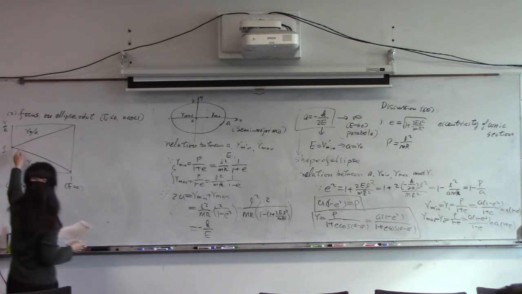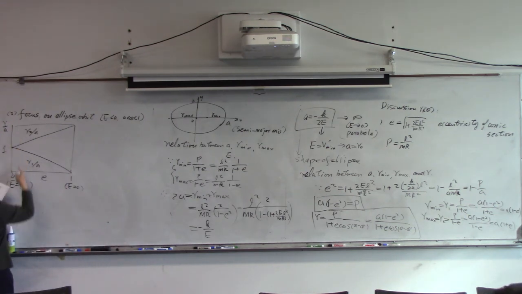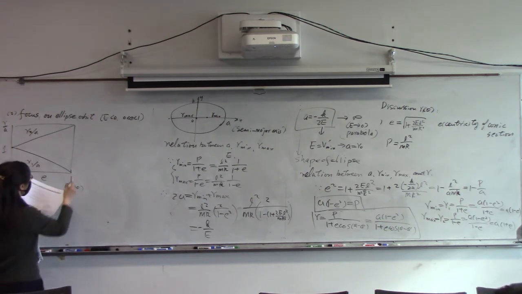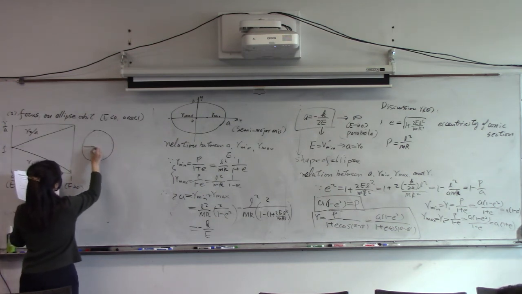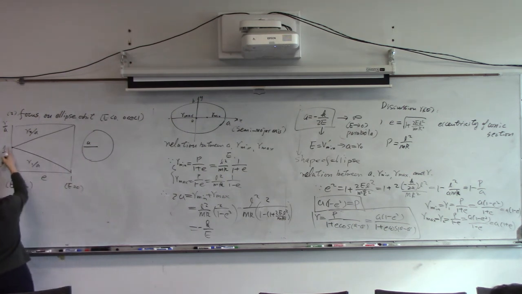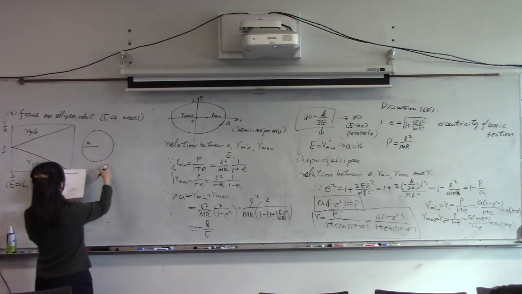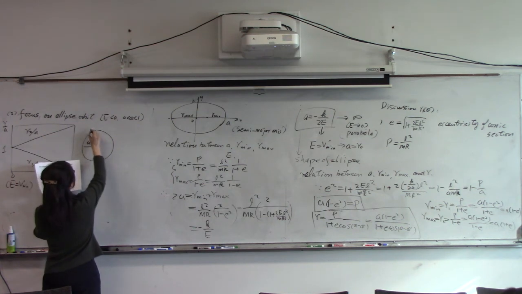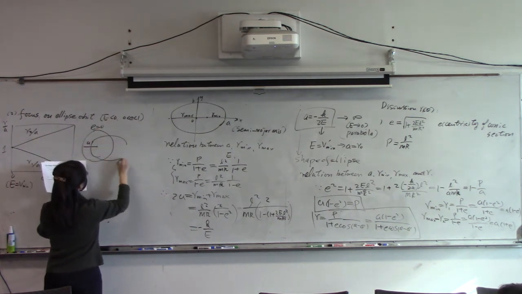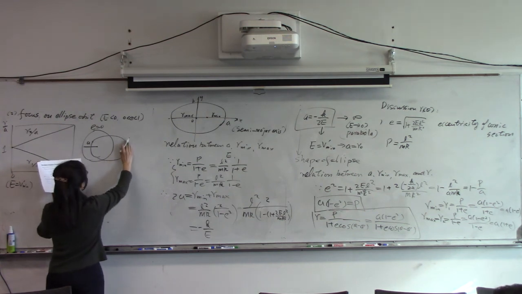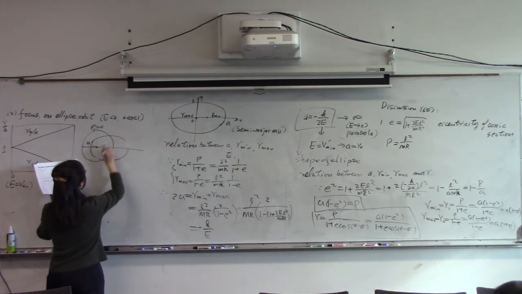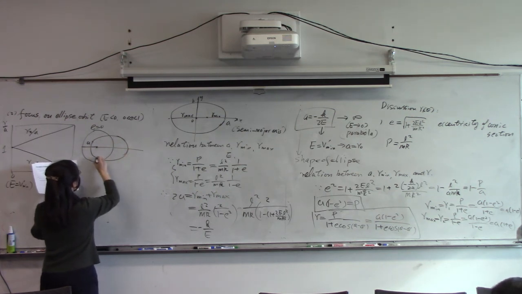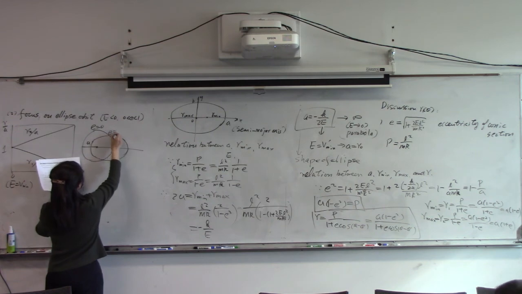And you can see between, so this gives a different type of this object. So here, if I say this is A, when this appears, that is R1 equal to R2 equal to A, and that is E equal to 0. Then if I increase E, you have an ellipse, like this.